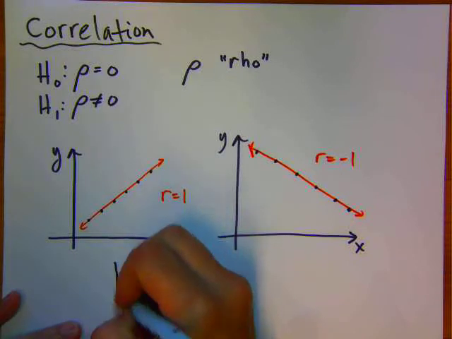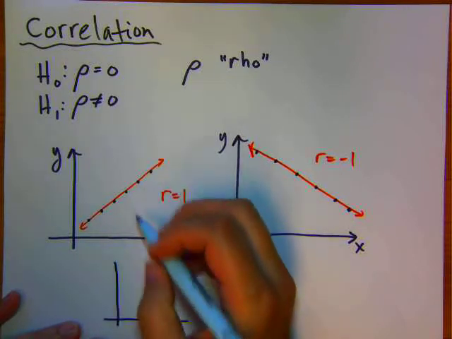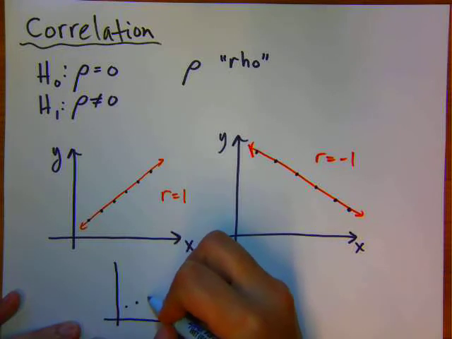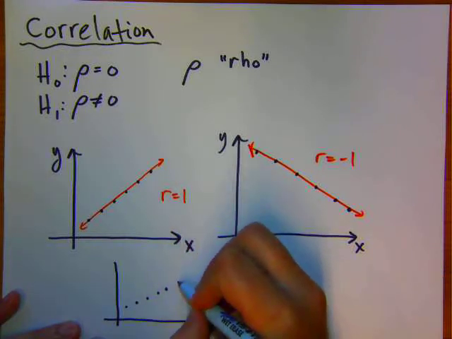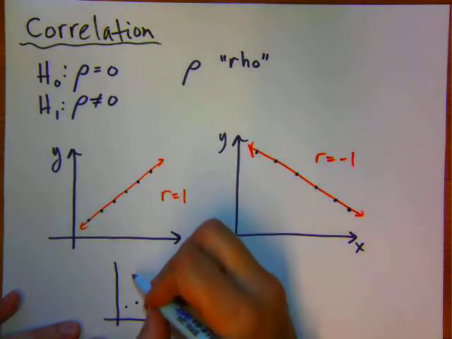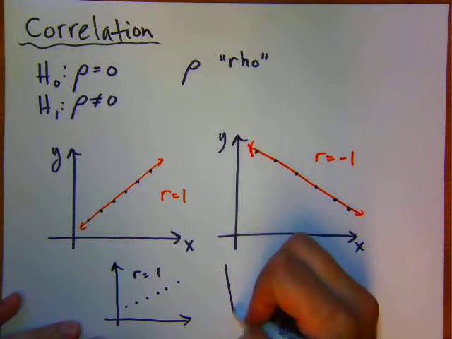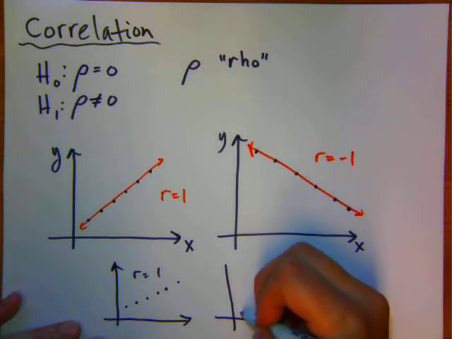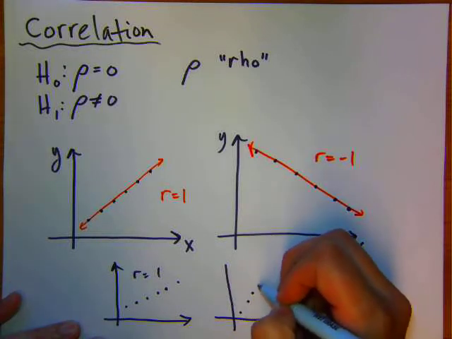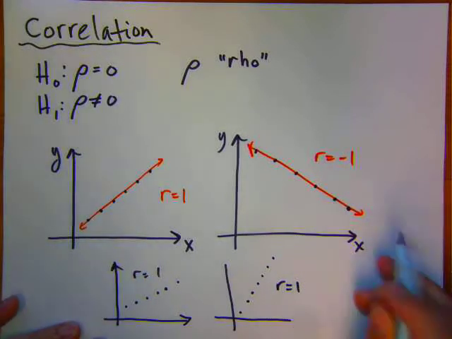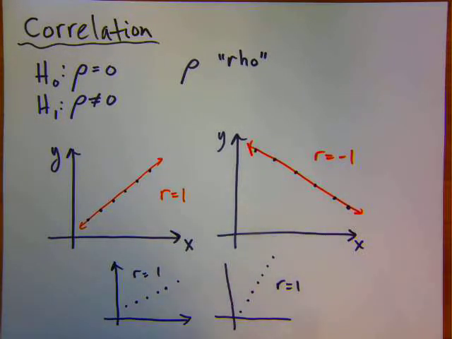For instance, I could have a line that's perfectly together, dots going like this. That would still be r equals 1, compared to maybe something that's really steep, but still all the dots in a straight line. It's still r equals 1. So it's talking about the strength of relationship, which is how the dots line up in a line.